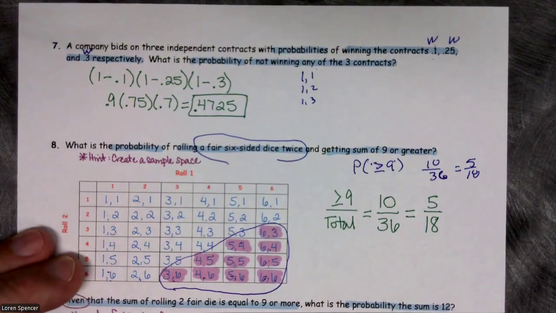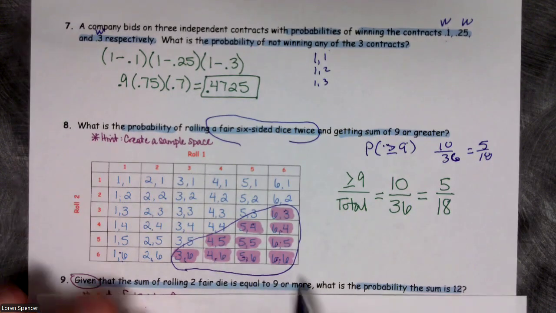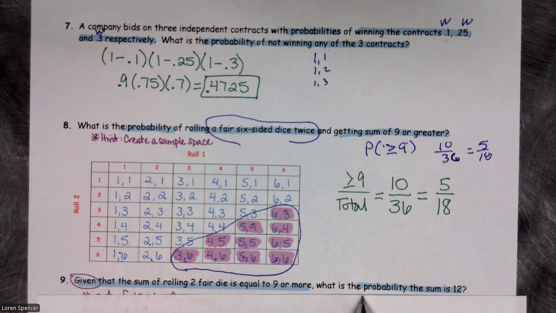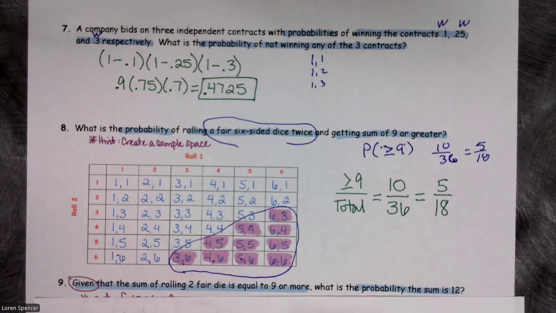Given the sum of rolling 2 fair dice is equal to 9, what is the probability the sum is 12? Well, remember, when it says given, here's the key word, we're looking for intersection over given. Well, what were we given? We're given that it equals 9 or more. Well, we already know 1, 2, 3, 4, 5, 6, 7, 8, 9, 10.